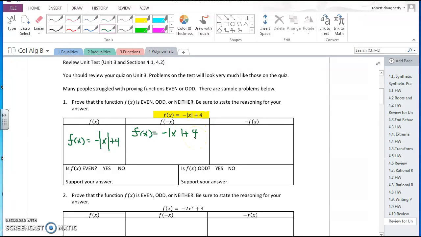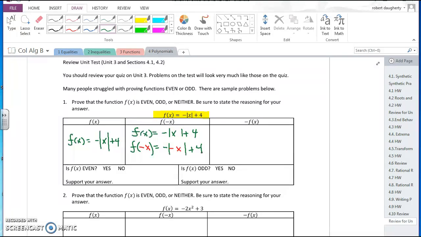I'm going to find f of negative x. So I'm just going to substitute a negative x everywhere that I see an x. So change that x to a negative x. That's all I did, substitute negative x in for x. Now you have to look at it with absolute value.